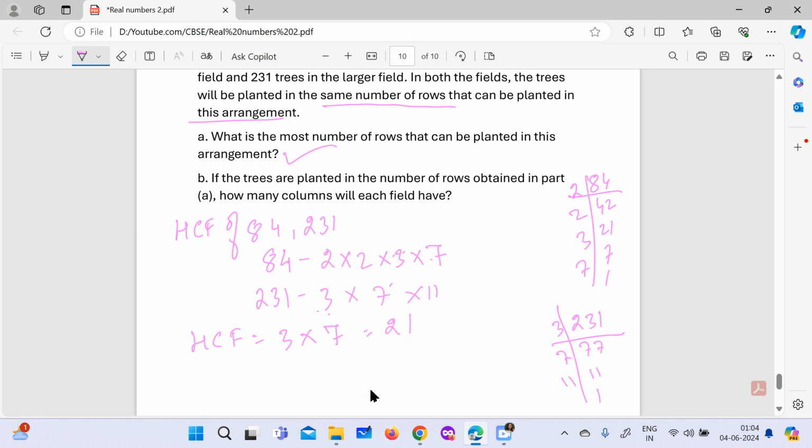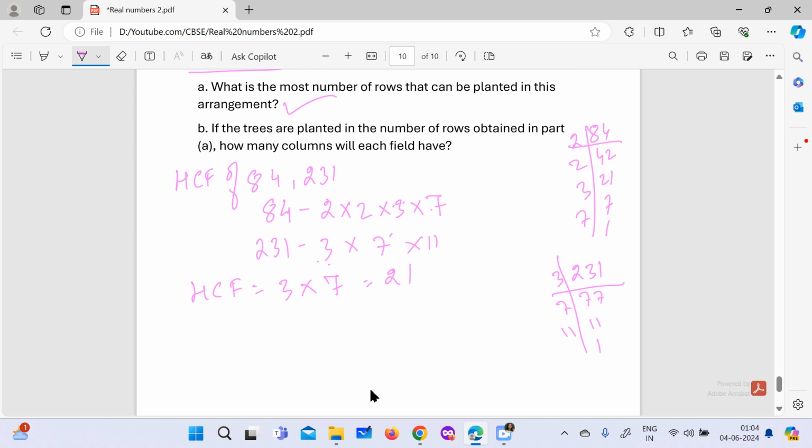Now the next part of the question is, if the trees are planted in the number of rows obtained in part A, how many columns will each field have? So the number of columns, first we will find for the smaller field.